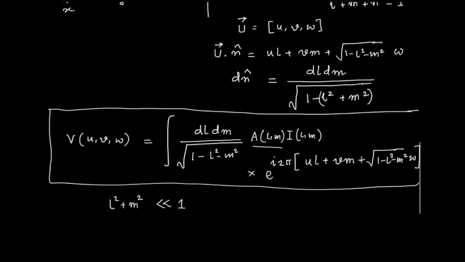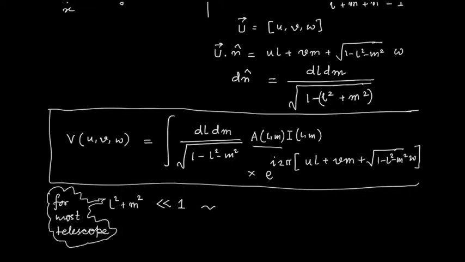If I take that assumption, which is the case for most telescopes, this is true. There are telescopes where this is not true, so then we have to deal with this entire expression. And if you actually want to calculate things precisely, then also you have to deal with this entire expression. But let us assume for the time being that L square plus M square is much less than 1.